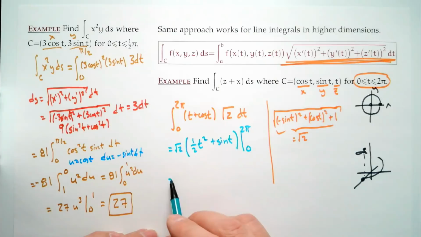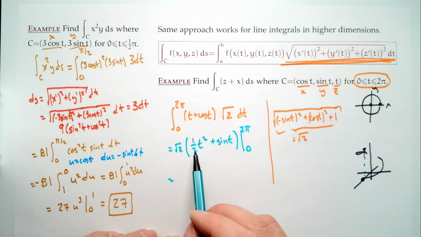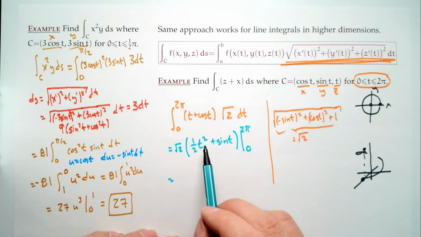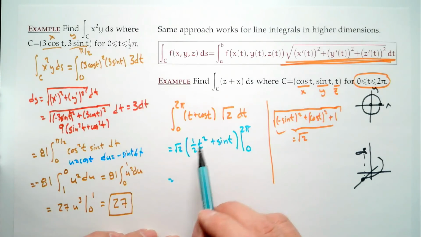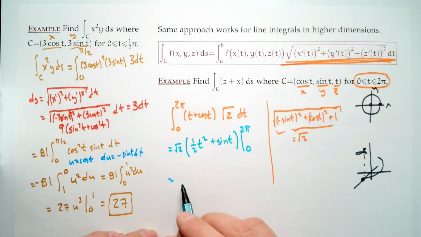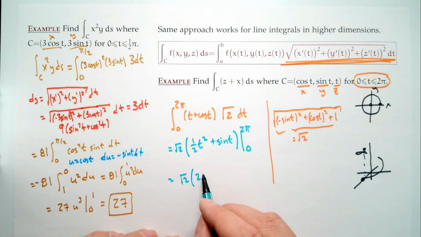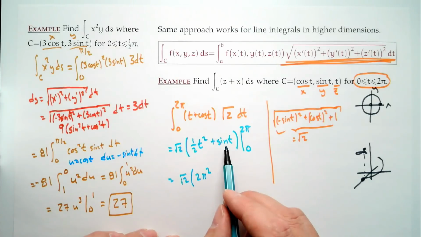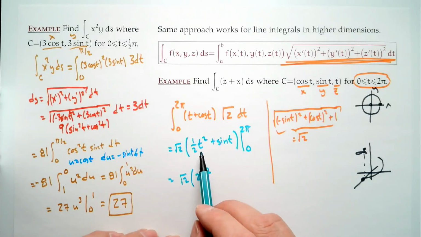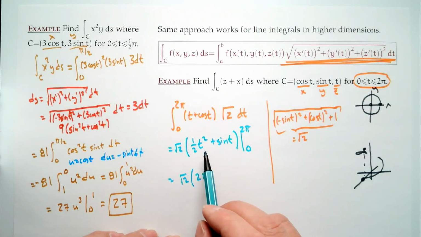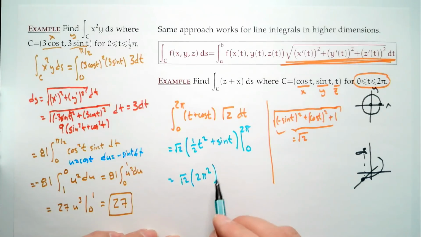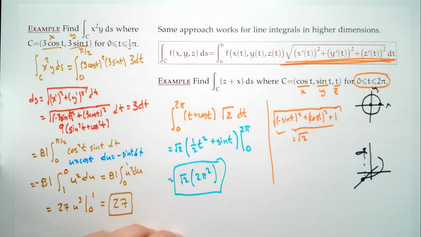We have 1/2 times (2 pi) squared, so that's 4 pi squared times 1/2, which we can write as 2 pi squared. What's sine of 2 pi? 0. Plug in 0: 1/2 times 0 squared is 0, and sine of 0 is 0. So that's it. There's our answer, and we're done.